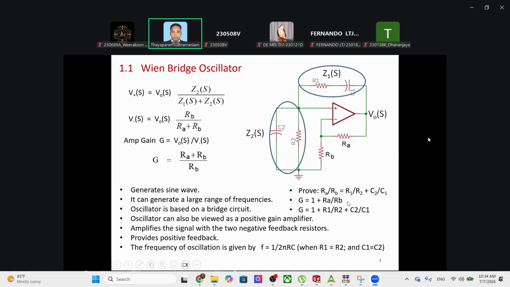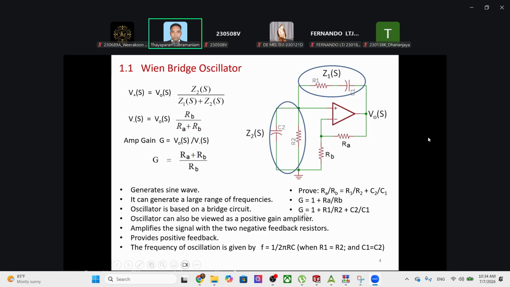That is why A beta becomes 1 or beta becomes 1 over 3. So beta is a fixed value by choosing R1 equal to R2, C1 equal to C2.